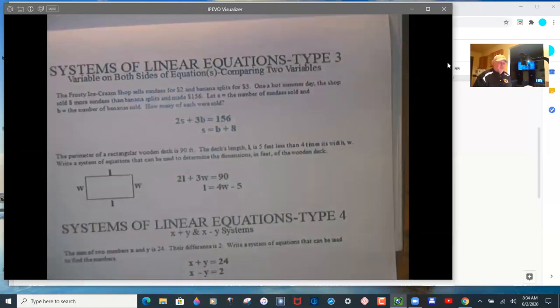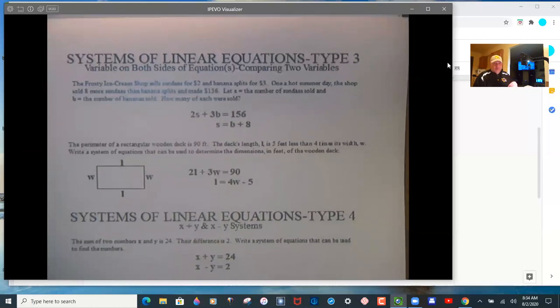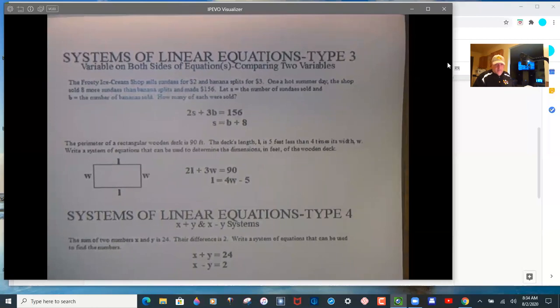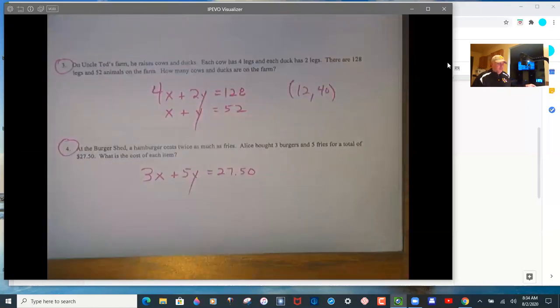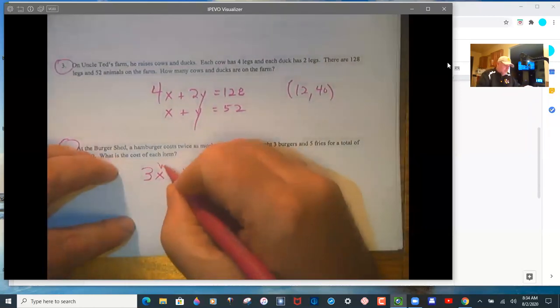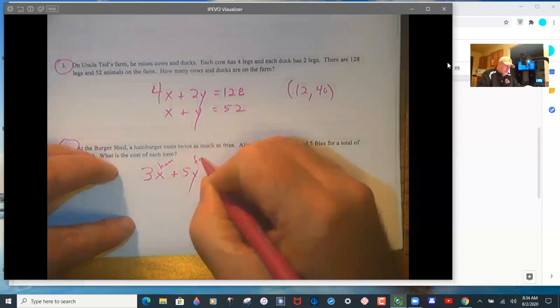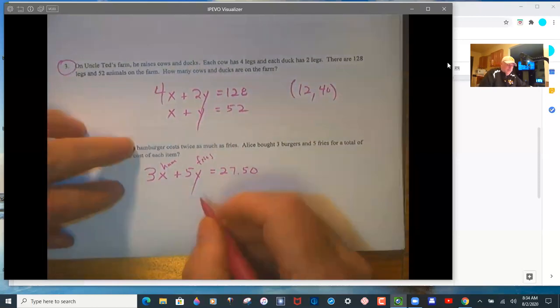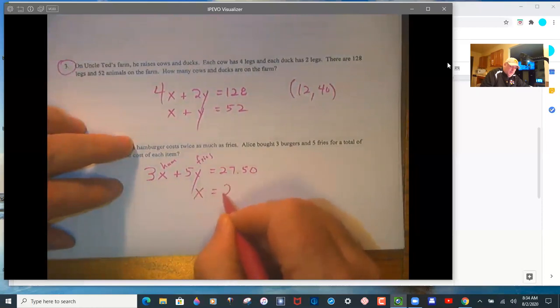So what a type 3 system is, one variable is defined in terms of something happening to the other variable. Okay, so a hamburger, which I let the x be, costs twice as much as the fries do. Okay, so to get them to be equal, you would have to do this.